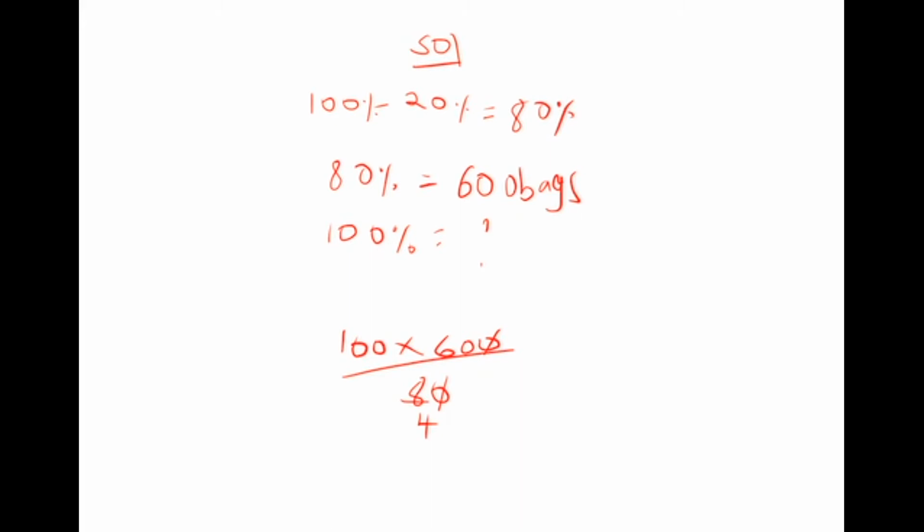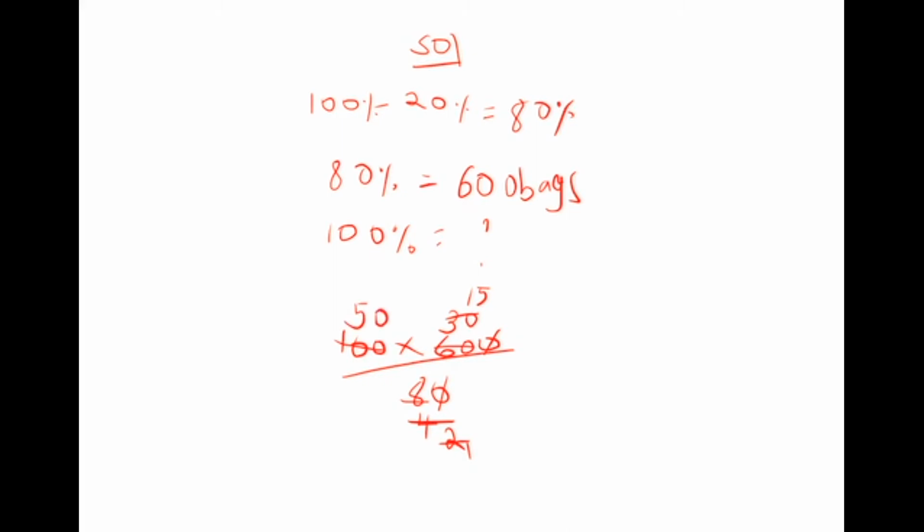We divide 60 divided by 2, we get 30. 30 divided by 2, we get 15. 4 divided by 2, we get 2. Then we can simplify further by 2, 1. 100 divided by 2, we get 50.